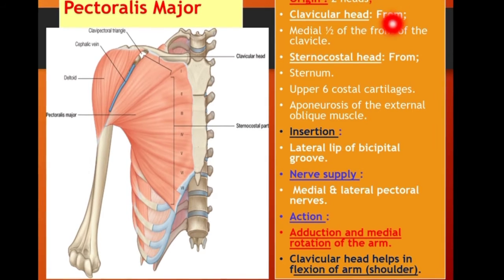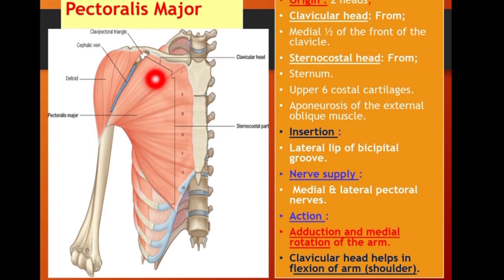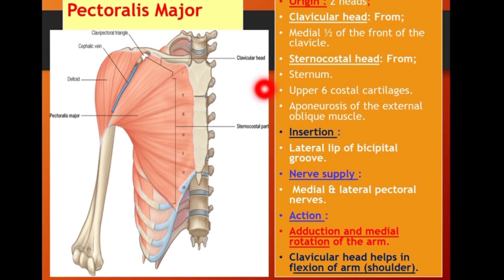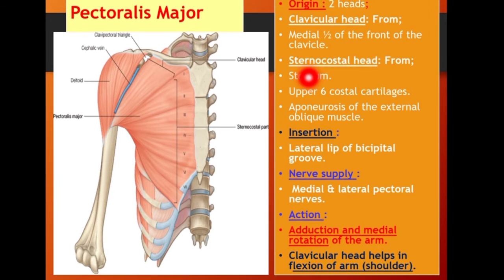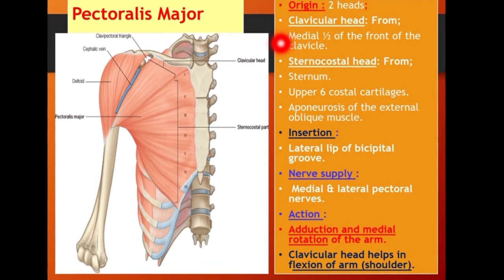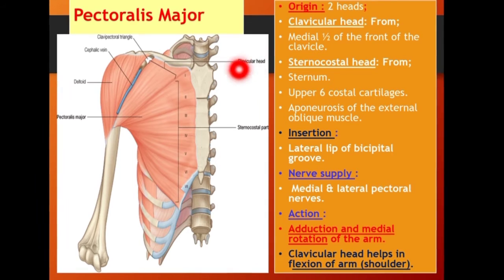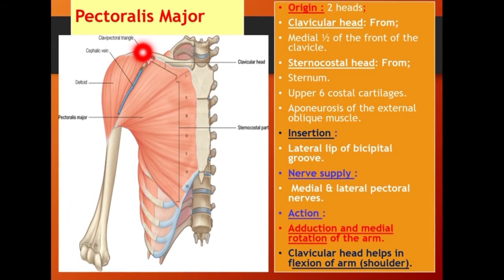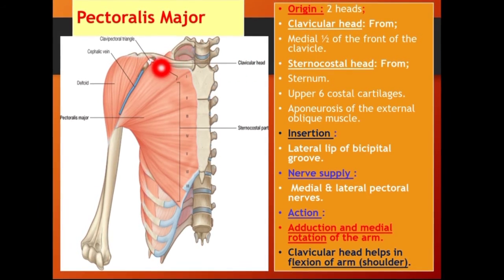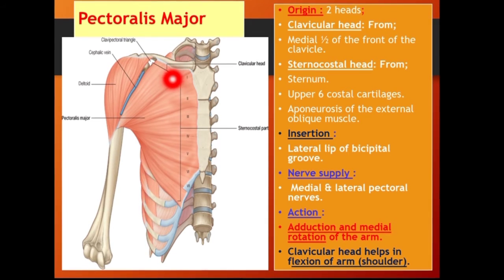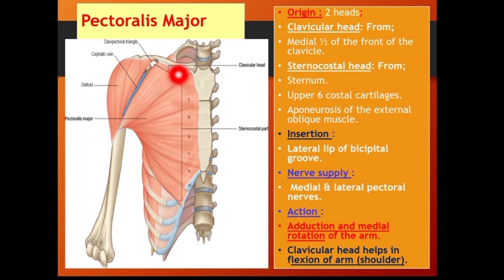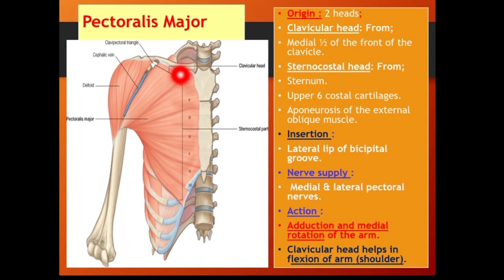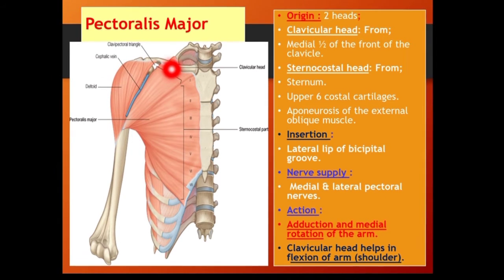Pectoralis major. We will see there are two heads. The muscle originates in two heads. First is the clavicular head, from the medial two-thirds of the front of the clavicle.